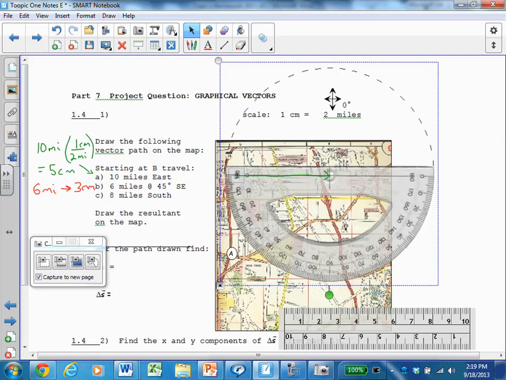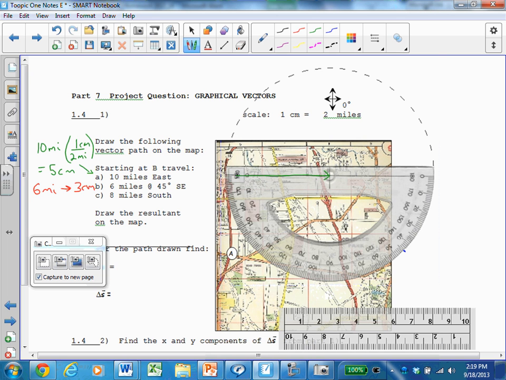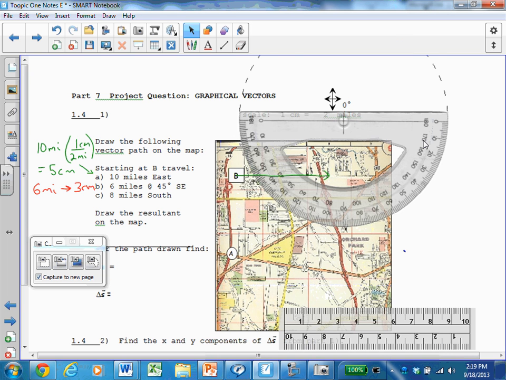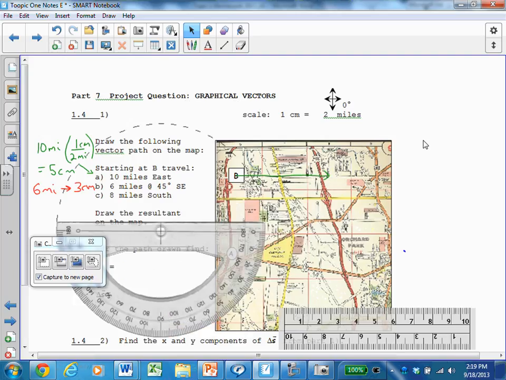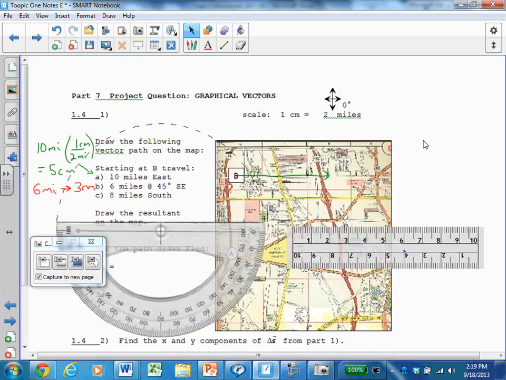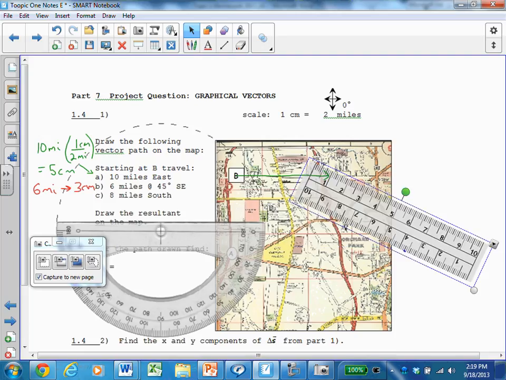So 45 is right here, so I have that marked. Now I can throw this out of the way. And 6 miles is 3 centimeters, so I'm going to tilt it to match.